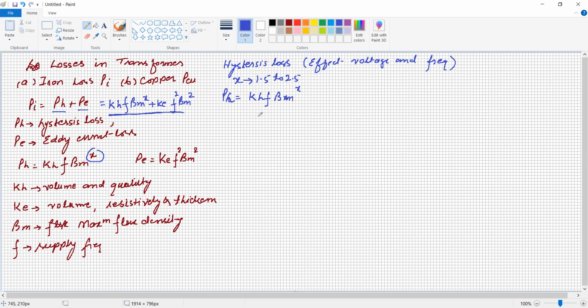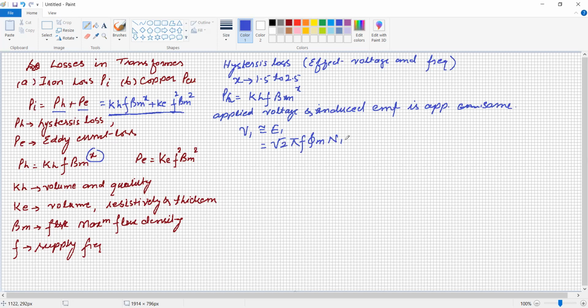Now, the applied voltage and induced EMF are approximately constant, that is, the applied voltage V1 is nearly equal to the induced EMF E1 in the transformer, whose value is √2 π F phi maximum into the number of turns.